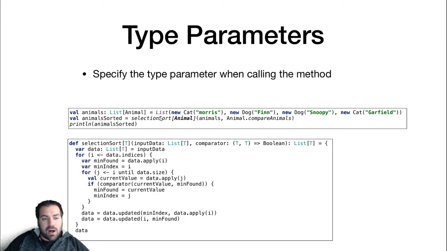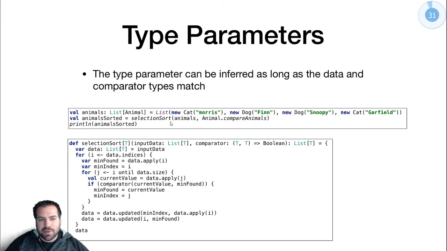And now when we call the method, we can give it the type parameter when we call it. Or we can just let Scala infer the type parameter. We usually don't specify the type parameter explicitly. If I call this selection sort method, give it a list of animals and a comparator of a function that takes two animals and returns a Boolean, Scala's going to figure out what I'm doing.